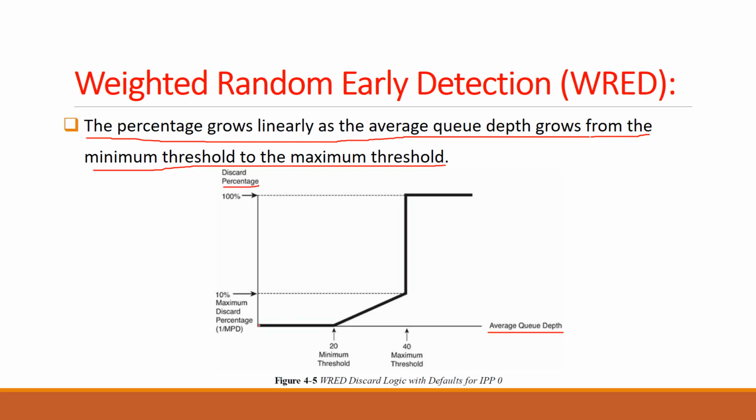When the average queue depth is less than the minimum threshold, no packets will be discarded. Then when it is between the minimum threshold and the maximum threshold, a percentage of the packets will be dropped. When we reach the maximum threshold, all the incoming packets will be dropped, 100% of the packets.